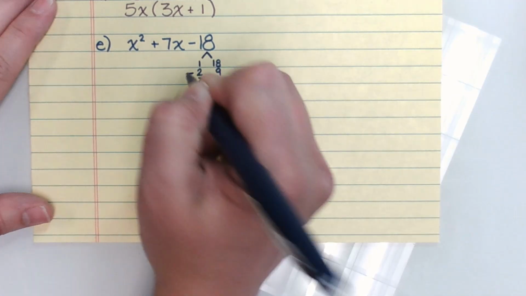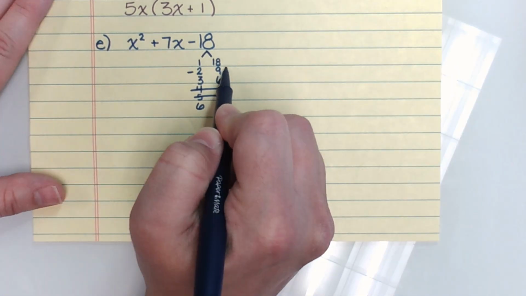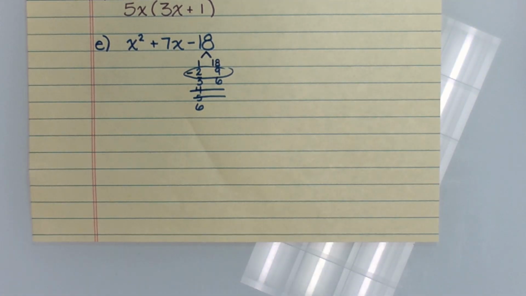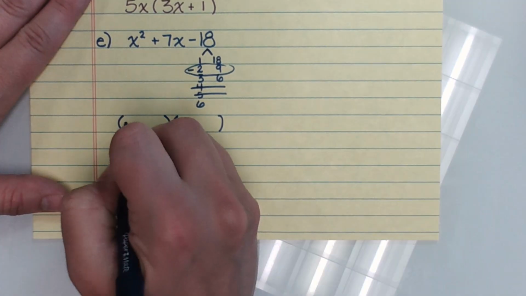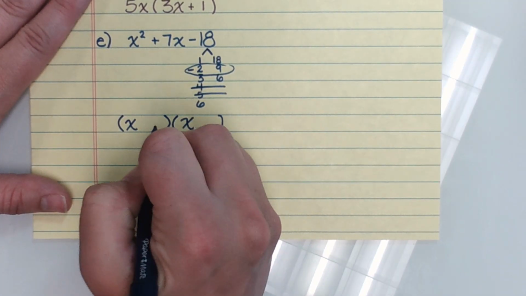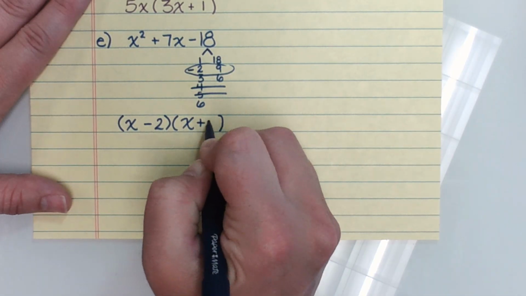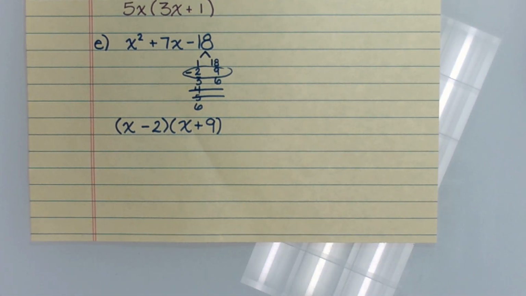Now, when you are doing the shortcut to the AC method, you can go directly to the factors at this point. You can go directly to our double parentheses, start them both with the variable, end them with the 2 numbers you found. If you are doing the full AC method, you cannot do that. But we're not talking about the full AC method. The full AC method we're actually going to be talking about on Monday, because that tends to trip people up more.